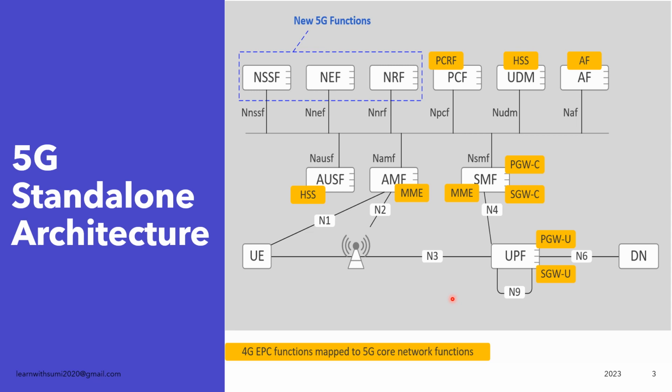The standalone 5G architecture represents a complete departure from 4G infrastructures and offers a network designed from the ground up to realize the full potential of 5G in terms of speed, latency, connectivity, and versatility.